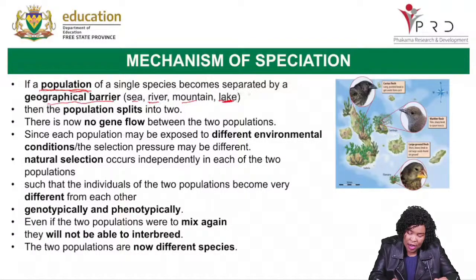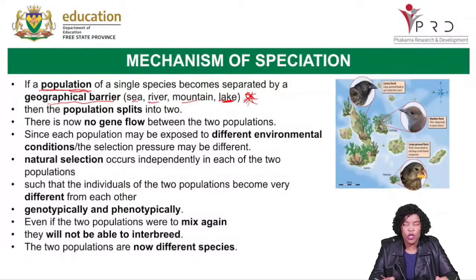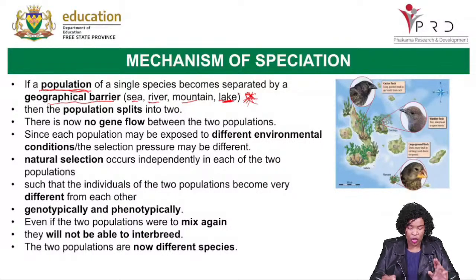And mostly, there will be a compulsory mark for this if you are given an example. So please make sure that you note what will be separating the population from the start so that you can mention it as a geographical barrier. So that is the first statement.